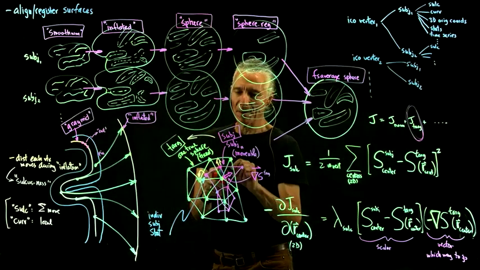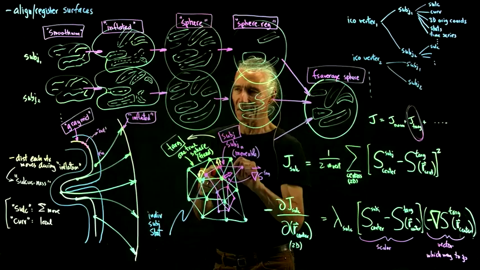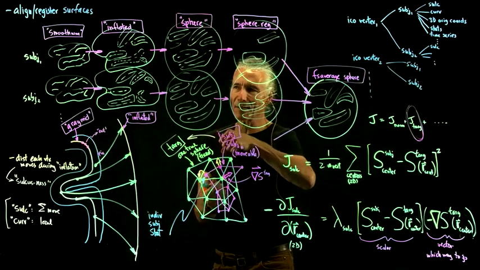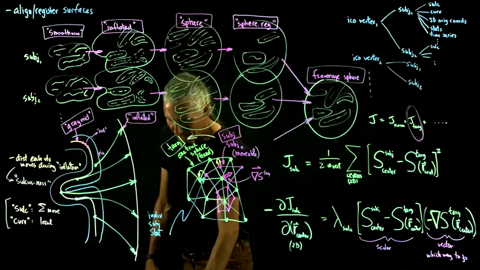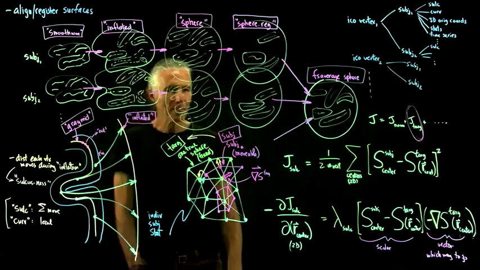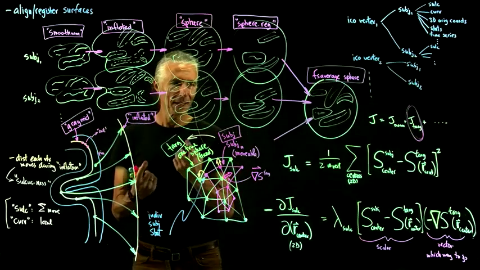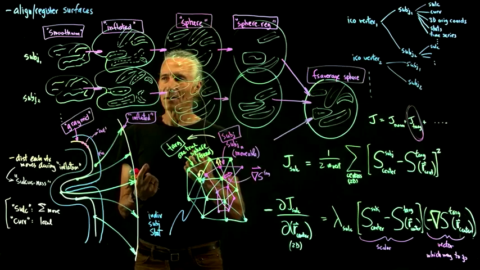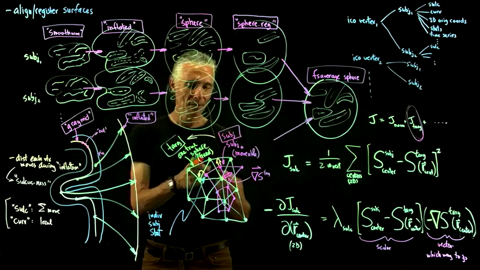So there's going to be a little resistance to moving in that direction because this triangle is already kind of big, whereas these guys are a little smaller. If you move in that direction, it's going to make the surface a little bit more distorted. And so those things will play off. Now, again, it's a very brain dead method. It's just completely local. So every vertex for themselves. Everybody's just trying to reduce their sulcusness error, and also at the same time reduce their squishing error.